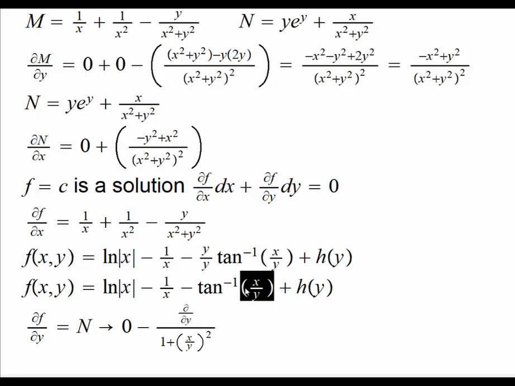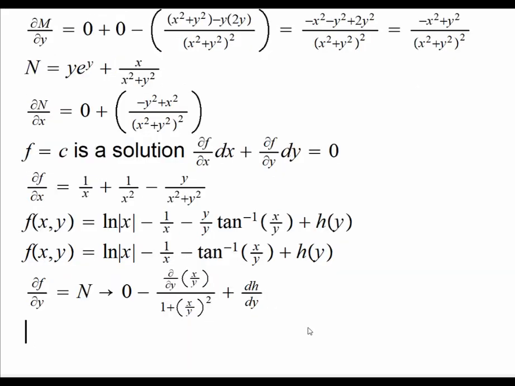So this is what we would get here, and then we are going to get dh/dy, which we can just write in regular form, dh/dy, because h is exclusively a function of y. And that has to equal how much? N. And how much is N? Let's write N down. We already have N here. So this is what this has to be, right?